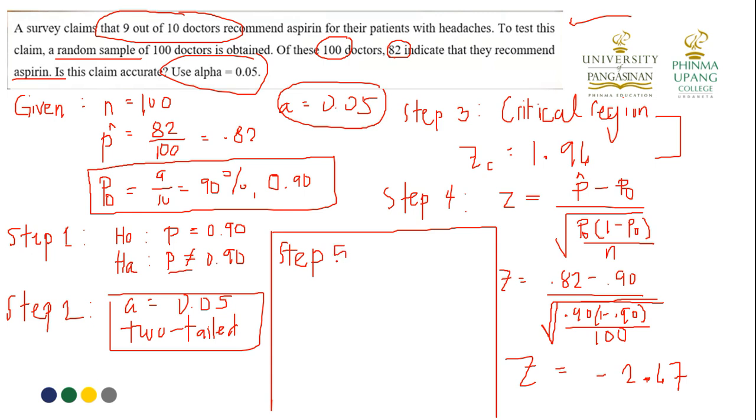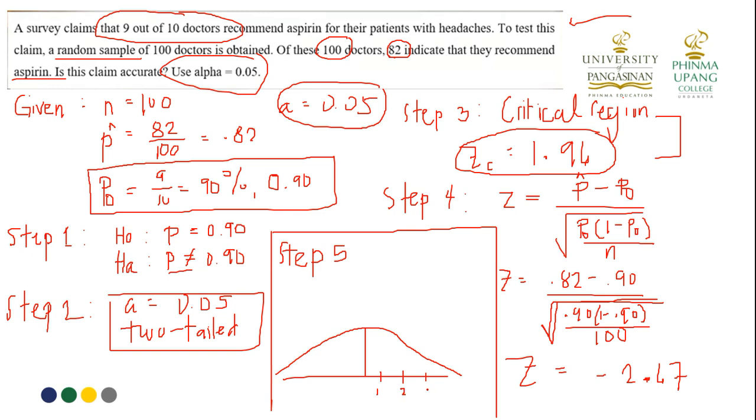Okay? So step number 5, palagi akong gumagamit ng bell curve para mas maintindihan natin ng mabuti kung i-reject natin o hindi. Una, balikan mo yung critical value mo. Yung critical value mo dyan is 1.96. So, bilang ka from the right. So, 1, 2, 3. So, yung 1.96, this is 1, this is 2, this is 3.